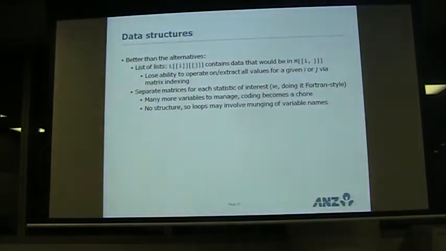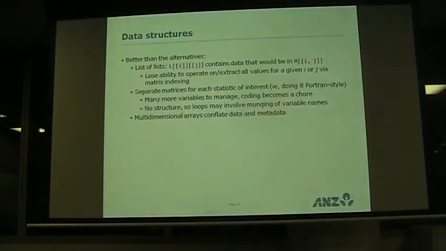So, for example, if I had one matrix for each of my sub-portfolio and year, if I wanted to loop through each sub-portfolio and so on, I would have to construct some way of getting the appropriate variable, which would be pretty ugly. And with multi-dimensional arrays, you're going to be conflating things. It's not really getting at what you're trying to do.